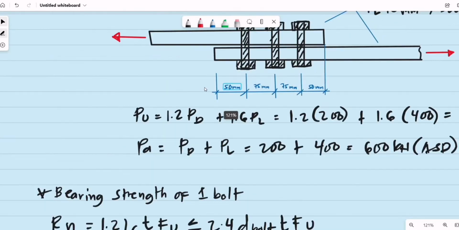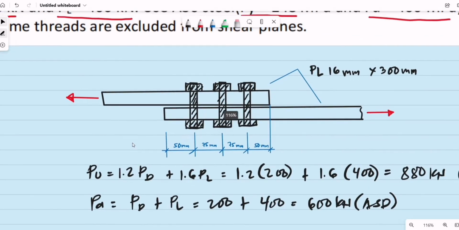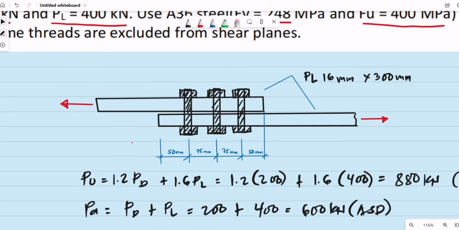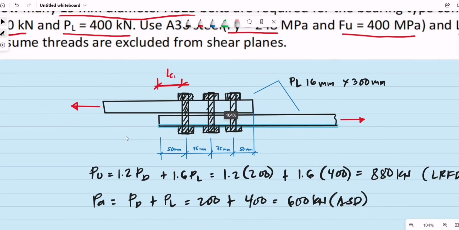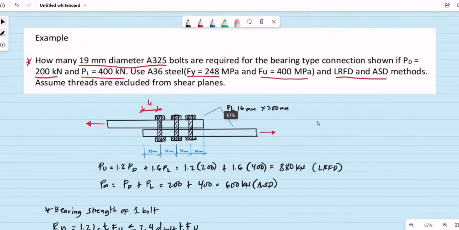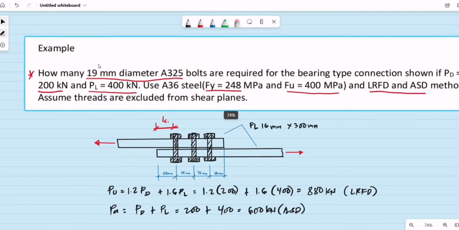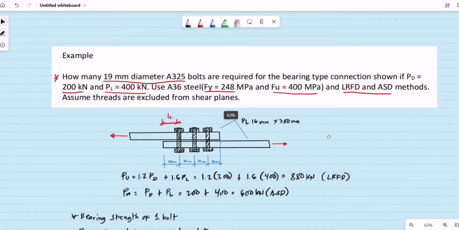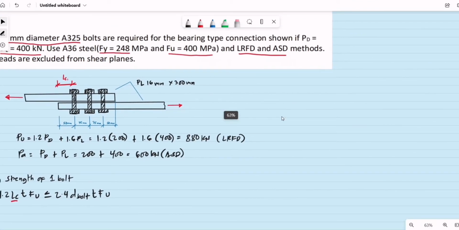So we have again two possible values of L sub C. So this will be the first consideration for the L sub C. Let's say L sub C number 1. So what is the value of L sub C number 1? Again, we are using a 19 millimeters diameter bolt.